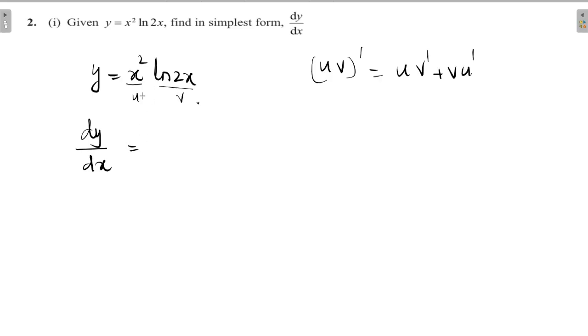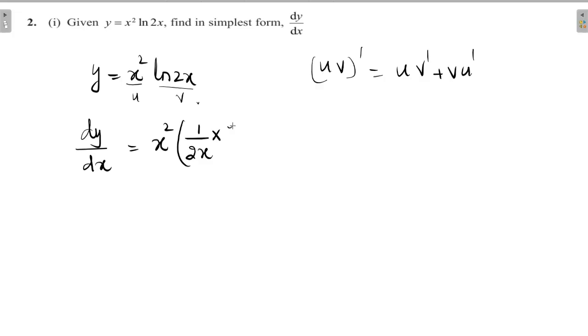So, let's differentiate here. X square into differentiation of log x is 1 by x. So, differentiation of ln 2x is 1 by 2x and multiply by the differentiation of 2x because it's a linear form.